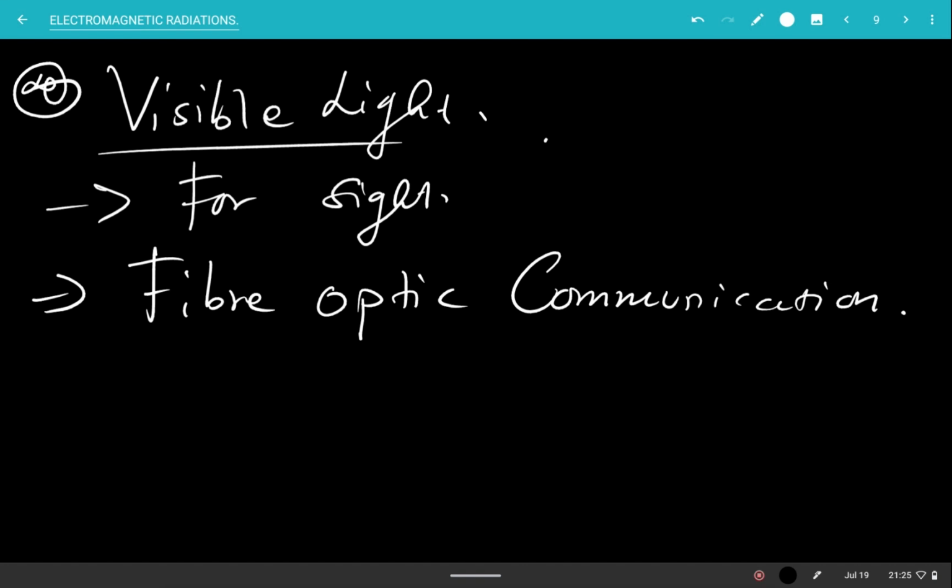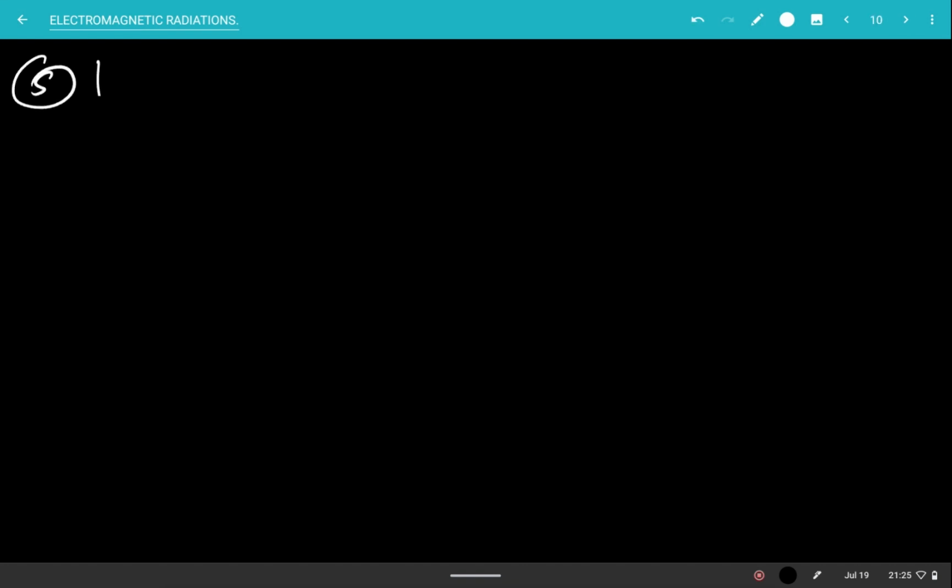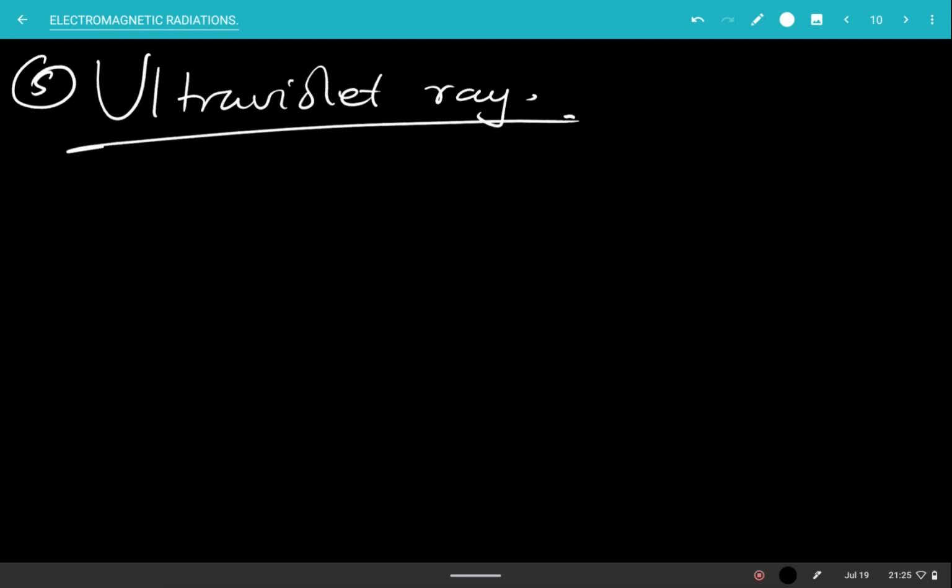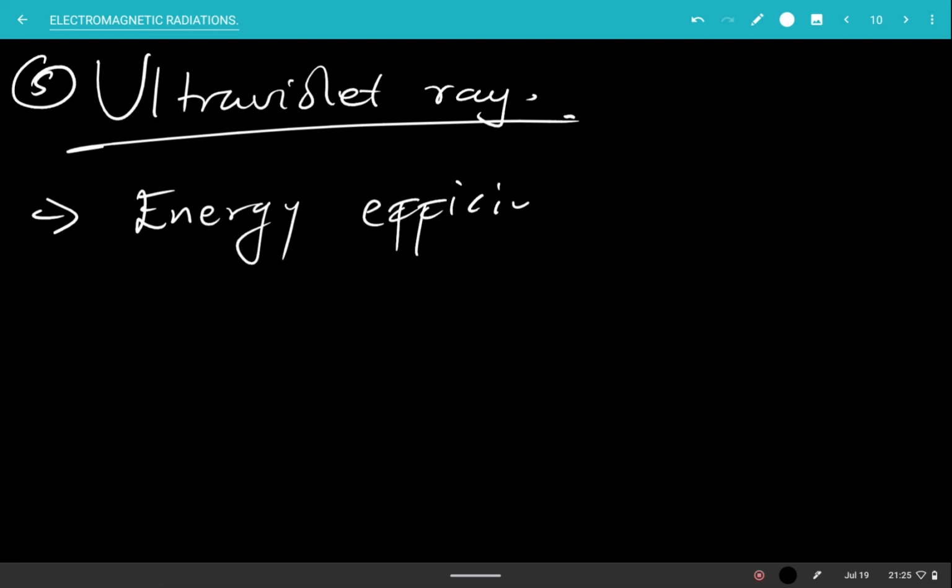All right, other than that, we also have what is known as ultraviolet rays. Ultraviolet rays are used for energy efficient lamps. So you can start by first looking at them in the use of energy efficient lamps.